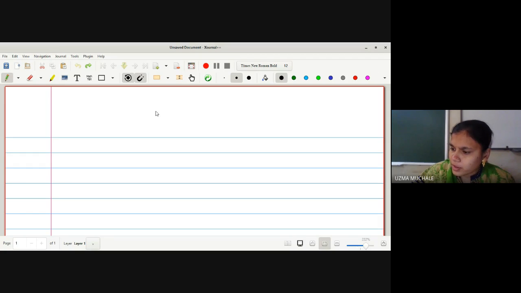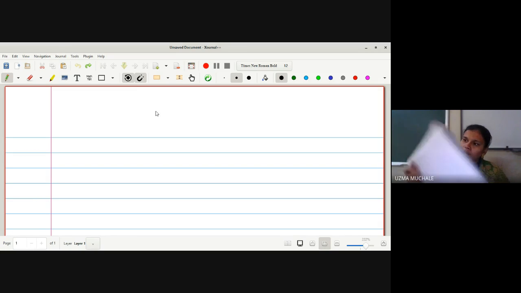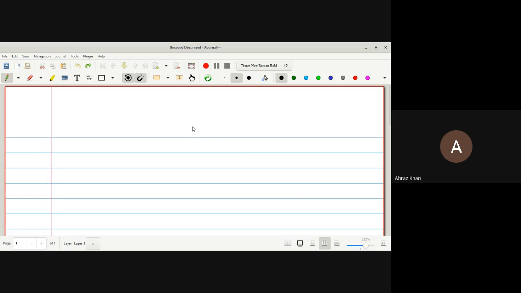Find the value of lambda for which the integral equation has a non-trivial solution. Okay. What is the equation we have? Integral 0 to 1 of (6x minus t) into y of t dt.